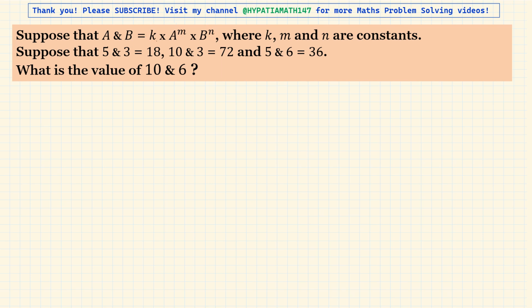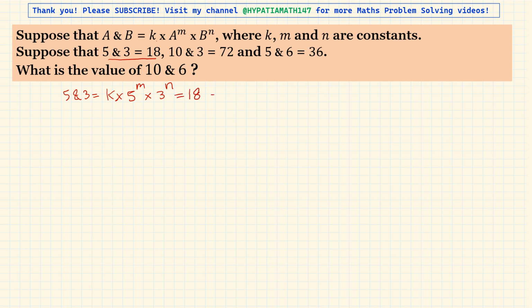So I think what we can do is, if we can write first, 5 ampersand 3 is 18, so that can be written as, k times 5 to the power m multiplied by 3 to the power n, and that is equal to 18.